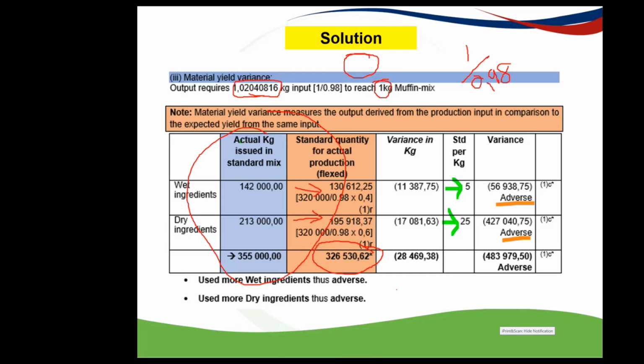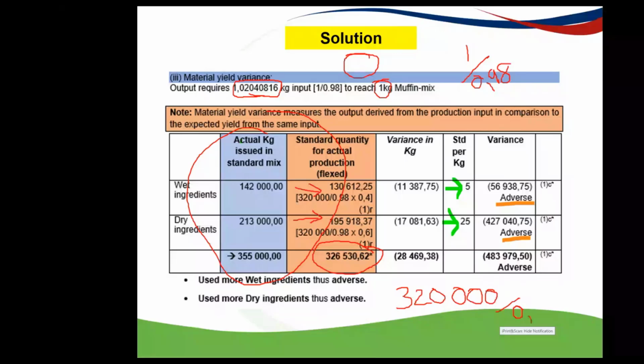Okay, so we know that we've got 320,000 bags that we actually produced, okay? And we know that we've got a normal loss of 2%. So then we divide it by 0.98 to know how much we should have put in to get to that 320,000.